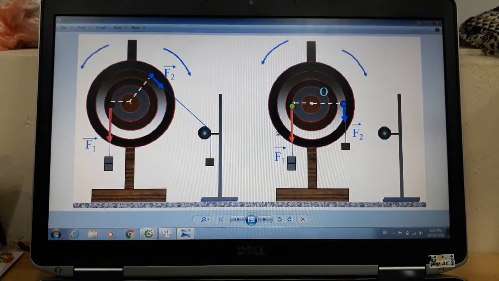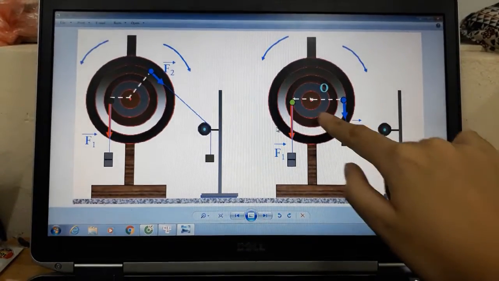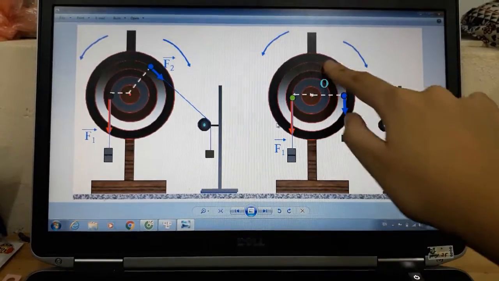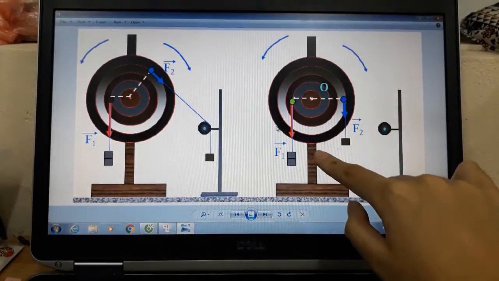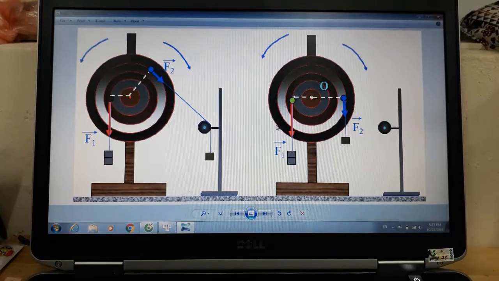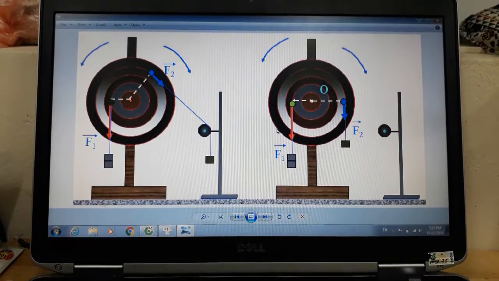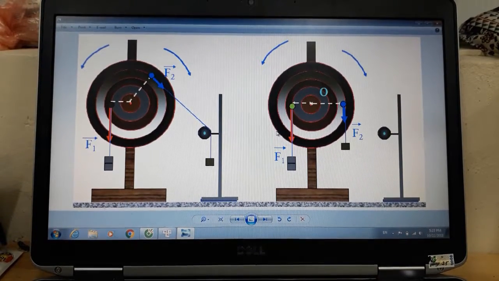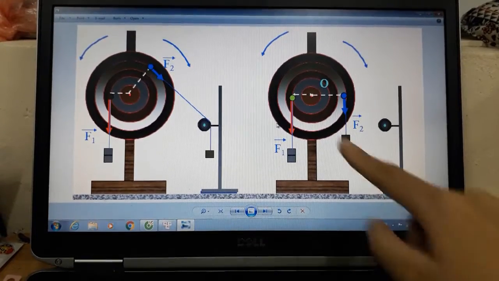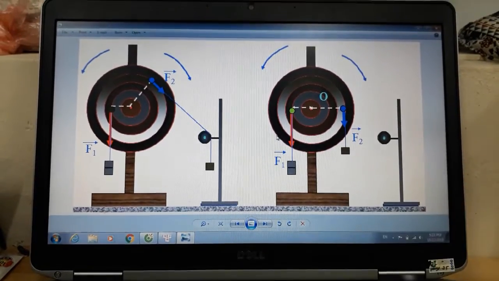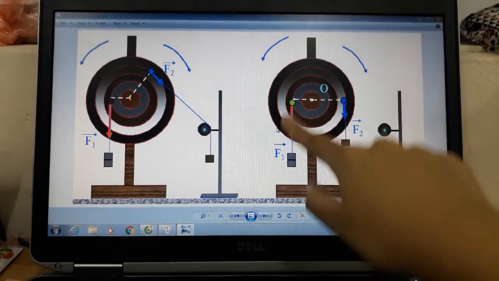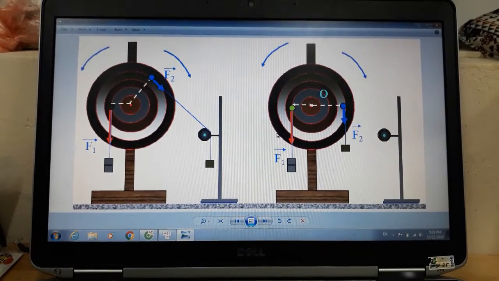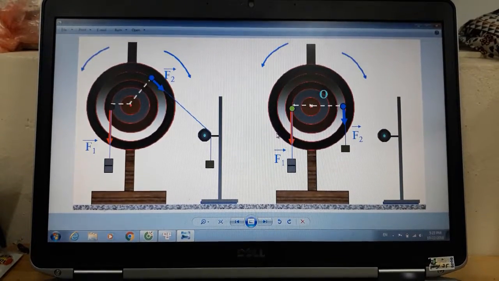Now, to conduct the above solution, we will use the following sample. The rigid body rotating around a fixed axis is a circular disc with concentric circles and holes along the radius. The holes are numbered from 10 to 80, and the distance between the holes is 1 centimeter. Now we apply F1 and F2 on the same diameter, making the disc equilibrium.